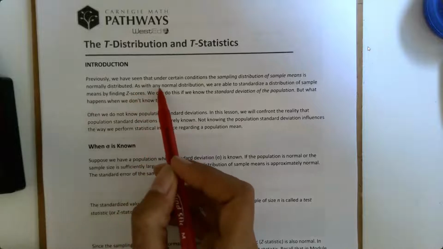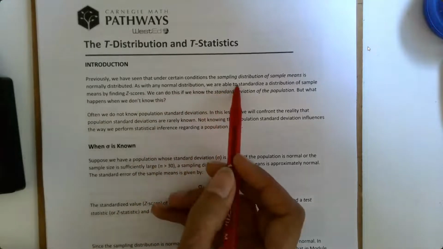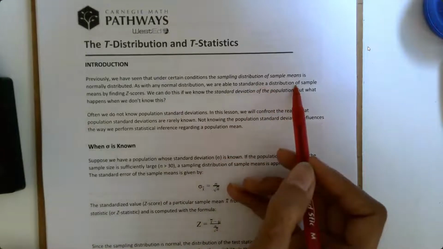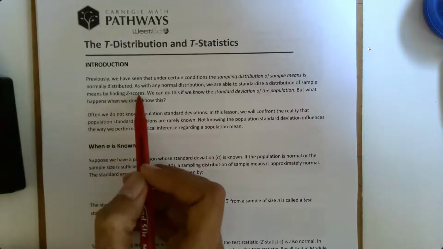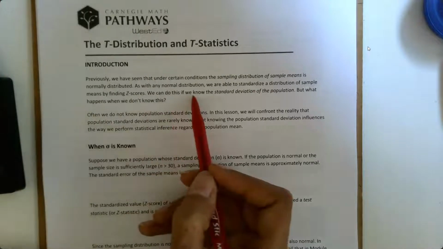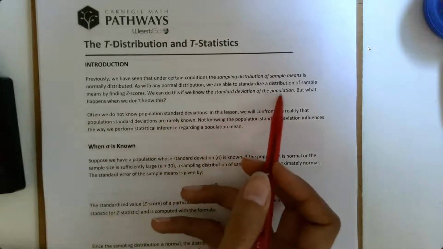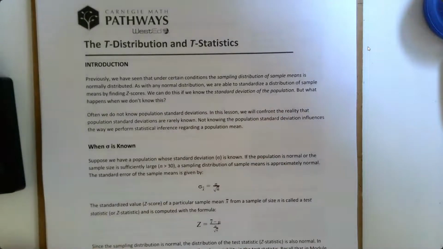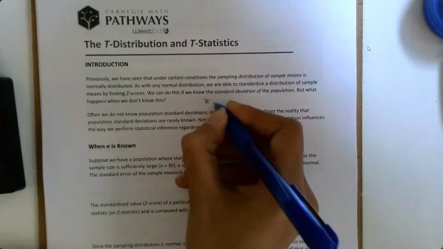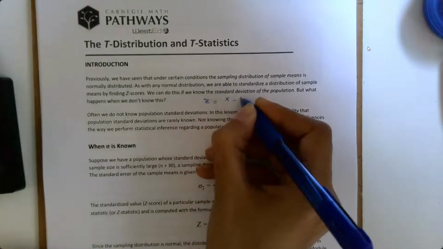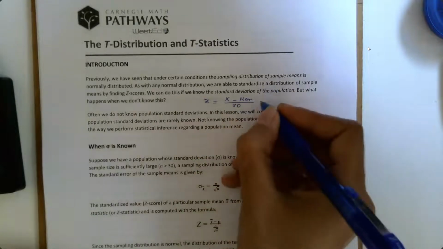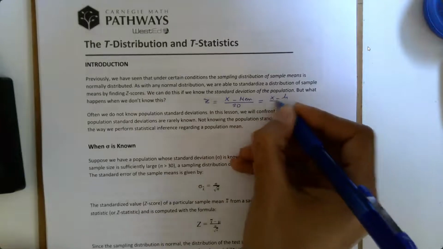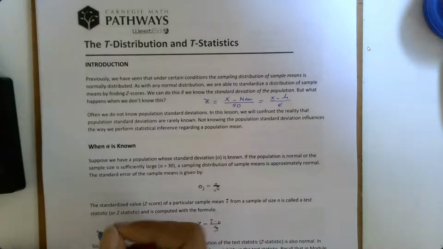As with any normal distribution, we are able to standardize a distribution of sample means by finding z-scores. We can do this if we know the standard deviation of the population. So remember that z was x minus mu, the mean of the population, divided by sigma, the standard deviation of the population.